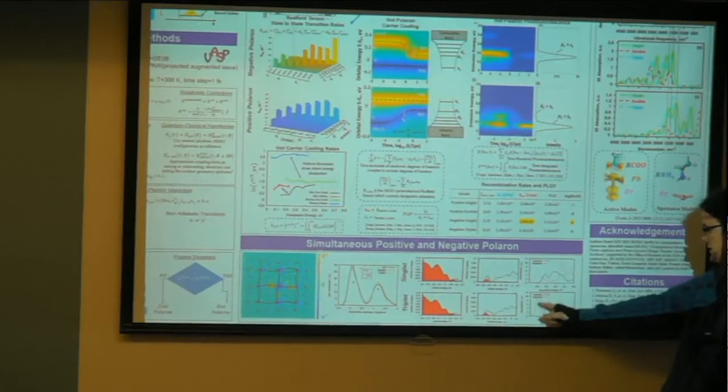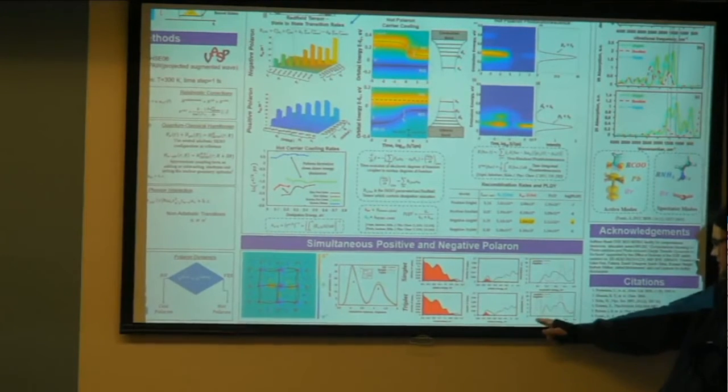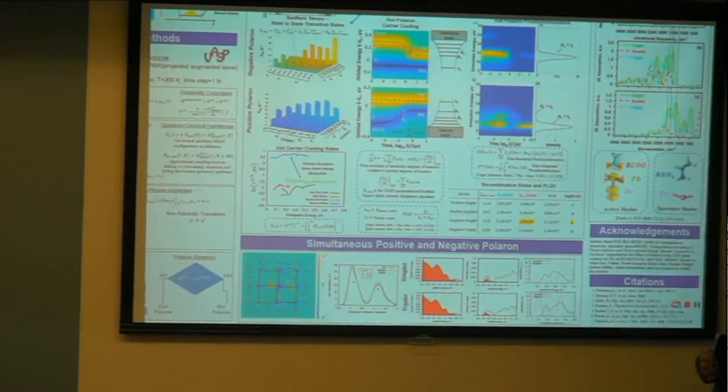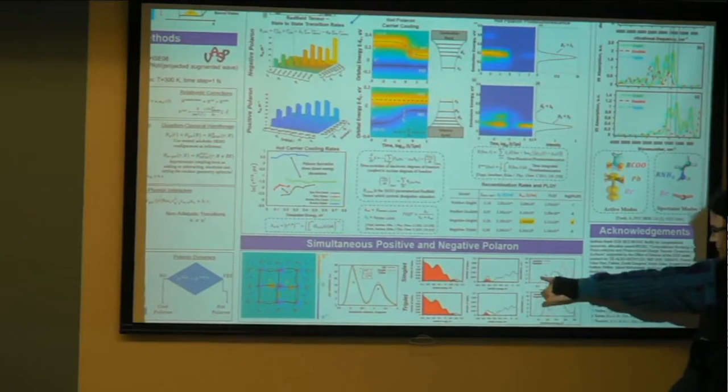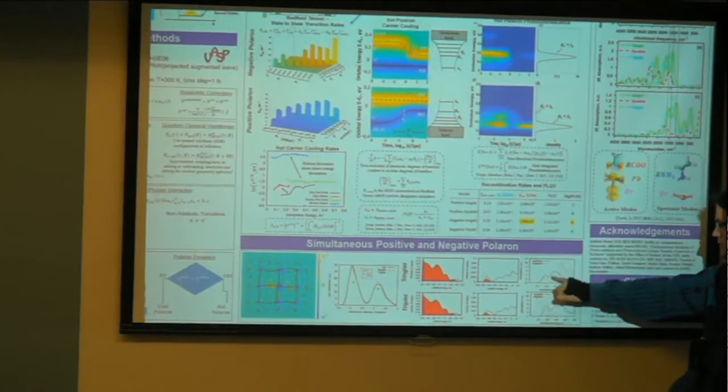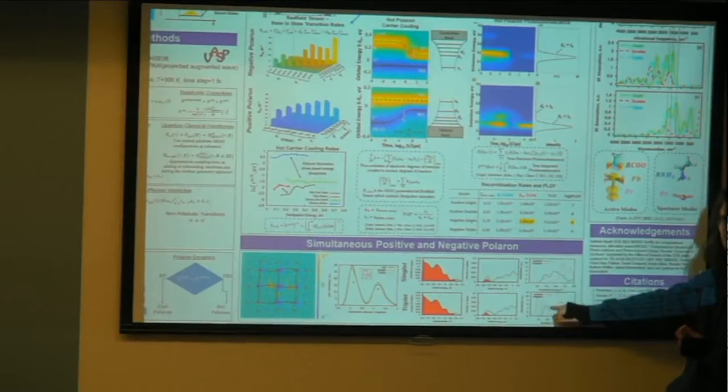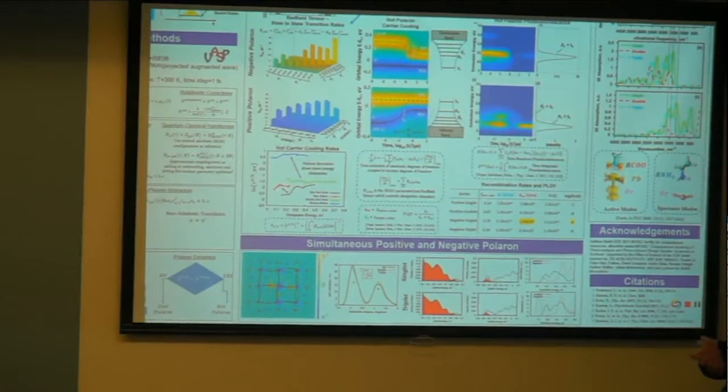So the highest energy transition is very bright, and it appears at about 0.1 eV. So the main contribution is that one: the negative polaron is dark, whereas it becomes bright with a different multiplicity. I think that just has to do with triplets.